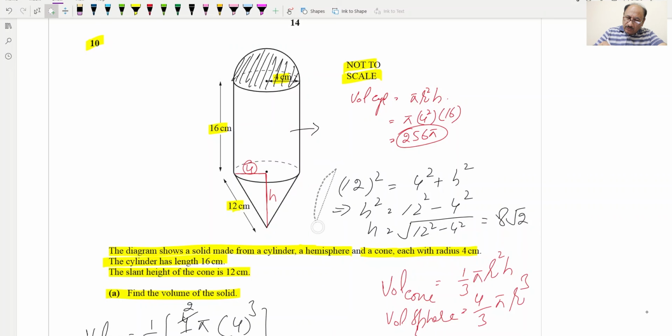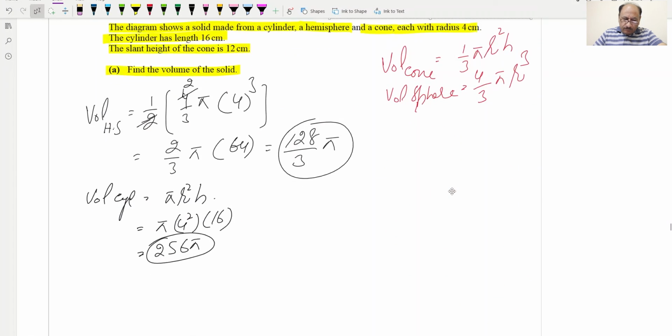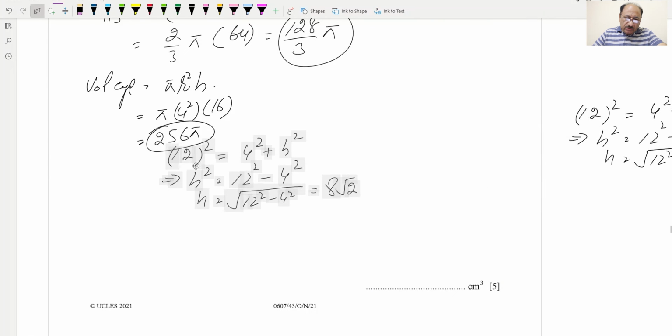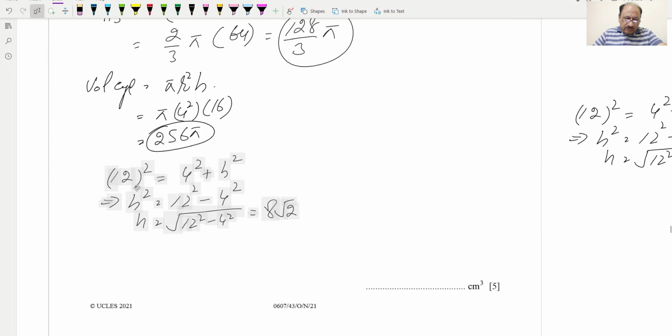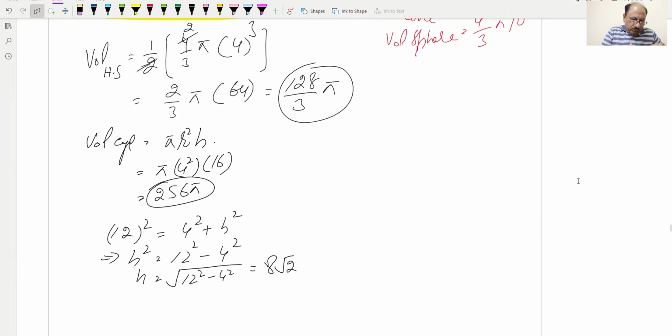So this one we can write as our proper working, which we can show over here. So this is basically h value, height of cone. So this is perpendicular height, so h is equal to, we have calculated, this is our h value.